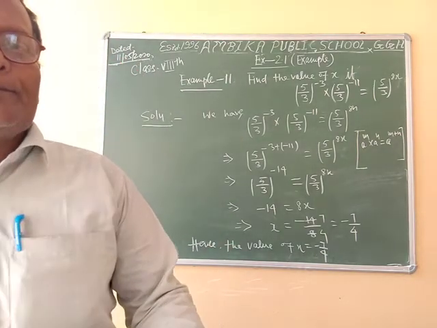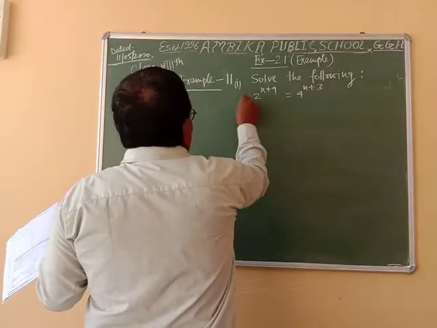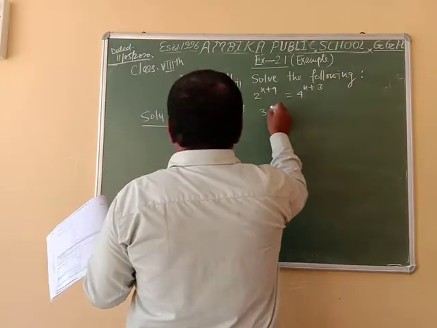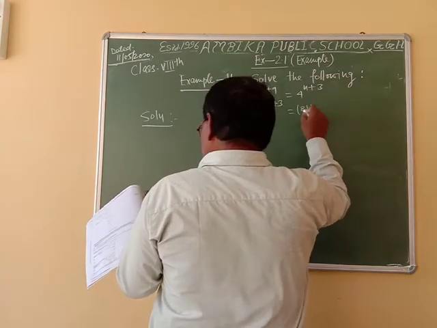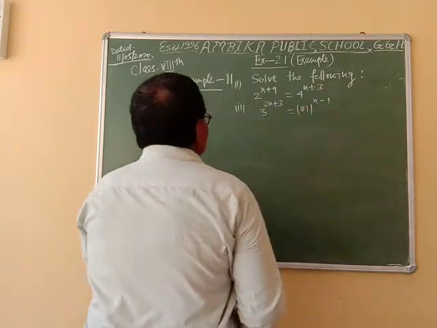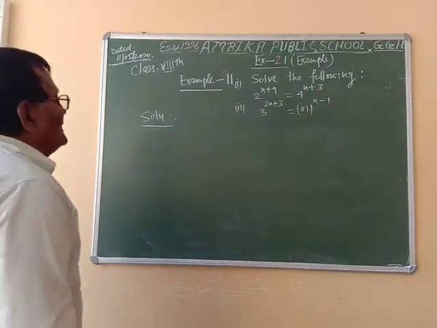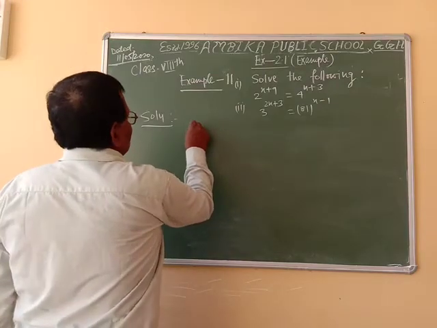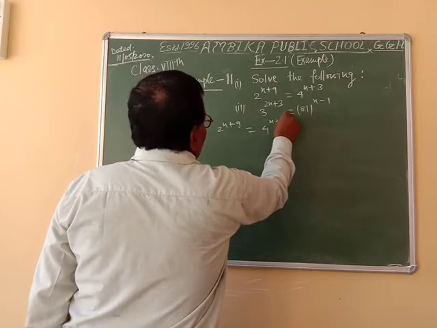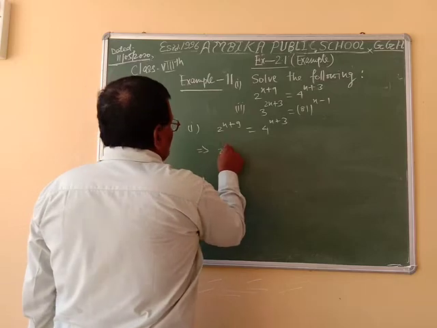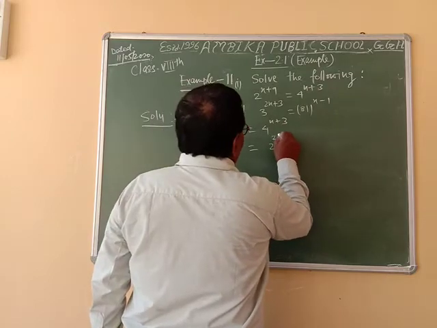Now I am going to solve example. Second number: 2^(x+9) is equal to 4^(x+3). Here, 2^(x+9) is equal to, we can write for 4, 2 squared to the power x plus 3.